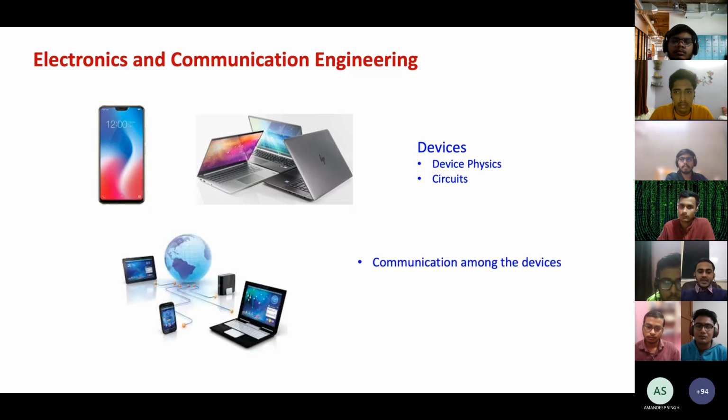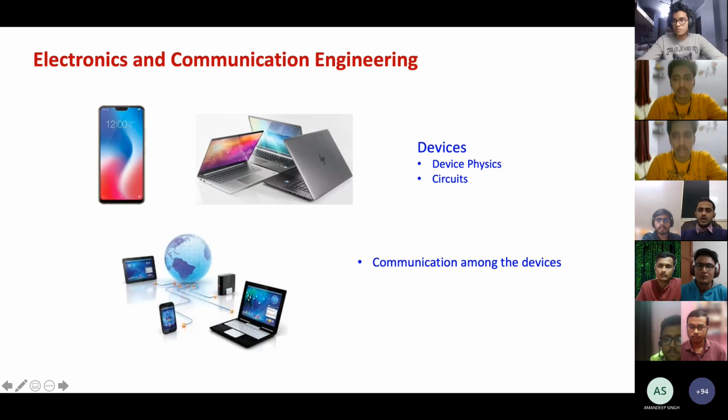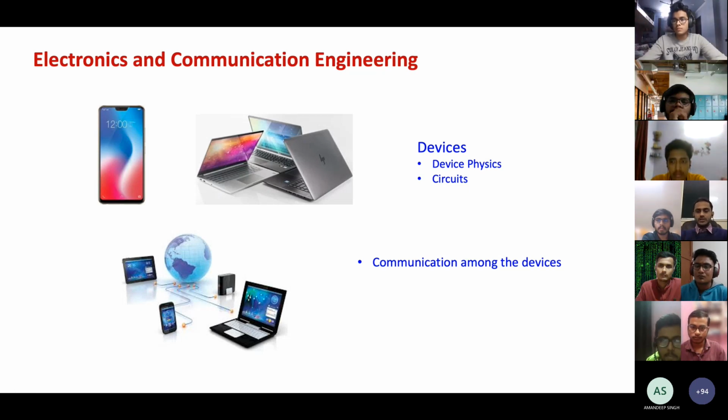That's also an important part of electronics and communication engineering. The second most important part is the communication between devices. Once we have various devices and various systems made out of those devices, for example computers, mobile phones, laptops, cars, all of which use electronic devices, another important thing is to enable all these systems to talk to each other.